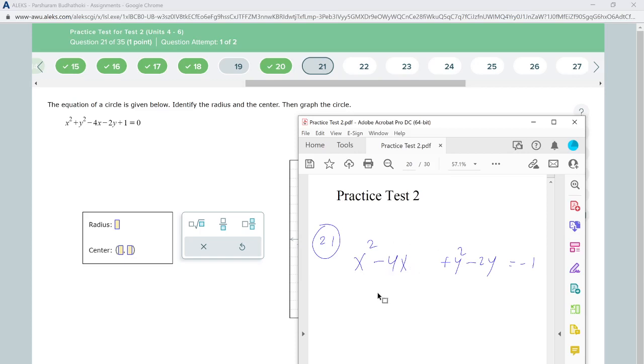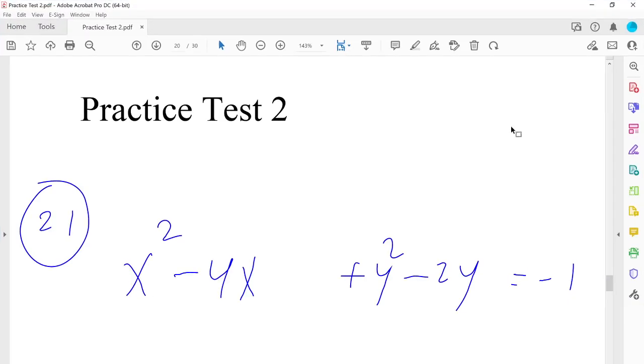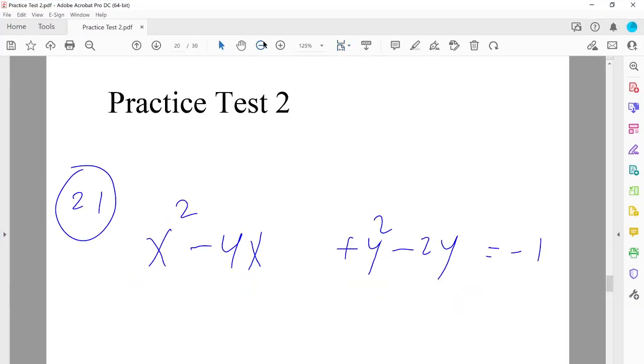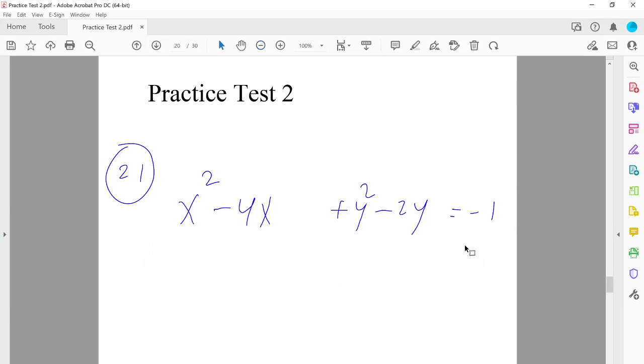So now we have to complete the square to get the equation of the circle in standard form. For that, we have to add a number here and here such that the first 3 terms make a complete square and the next 3 terms make a complete square.